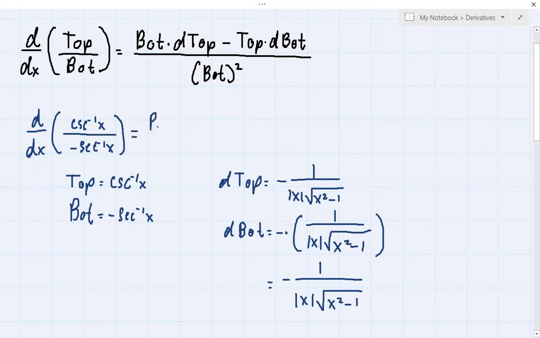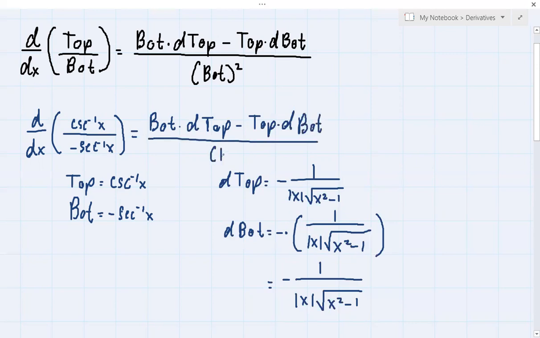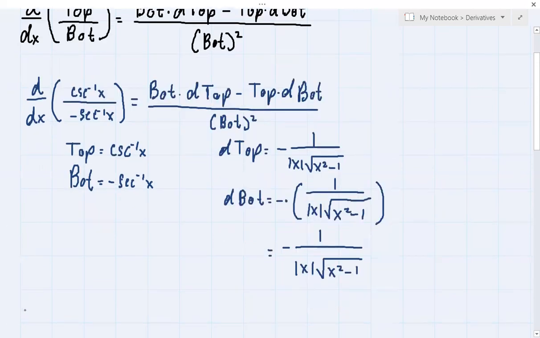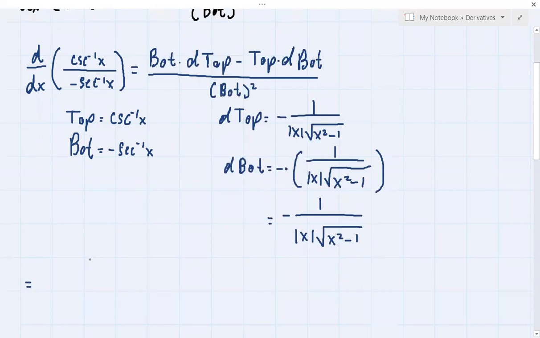Okay. Now, substitute natin yung formula. Basically, we will now use this formula. Yan. There you go. That's it. So let's substitute. So on the bottom, we have negative arc secant. All right?